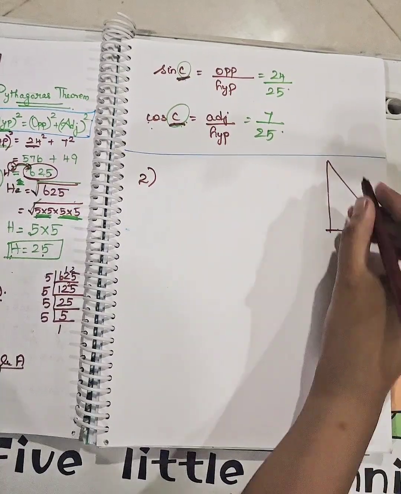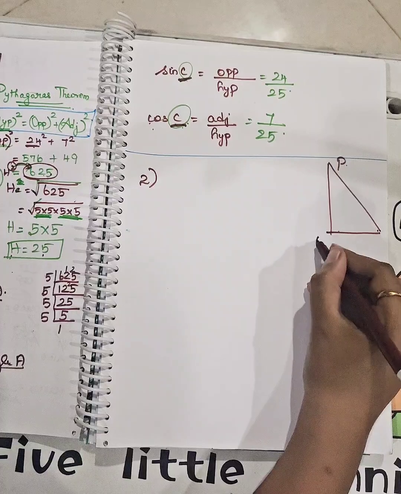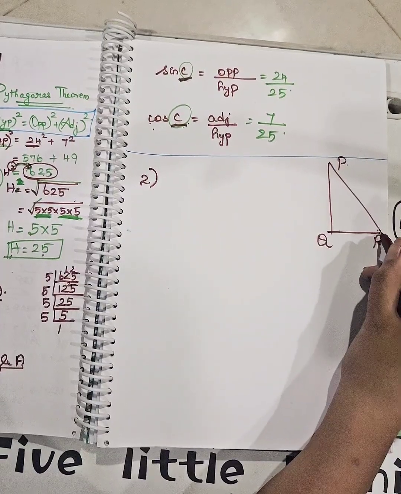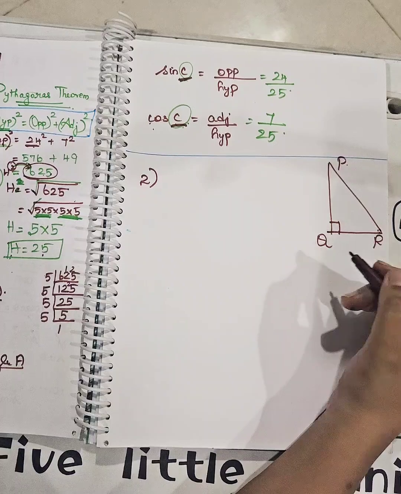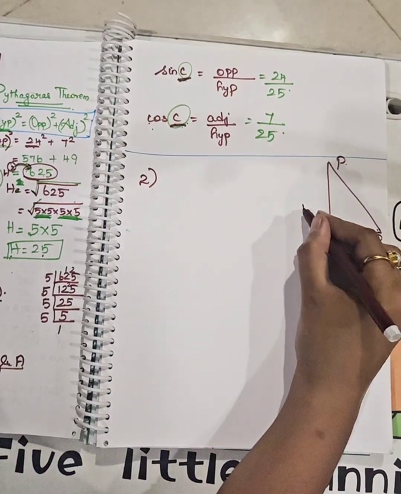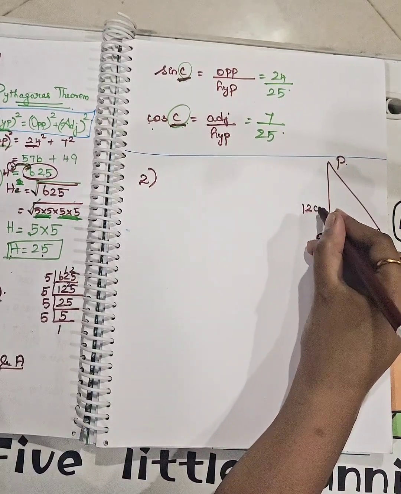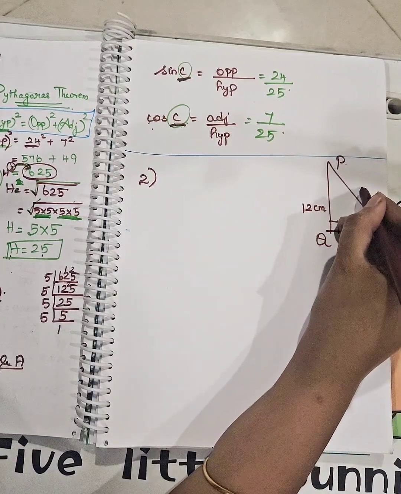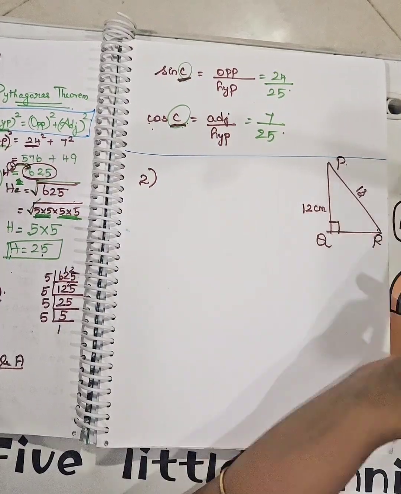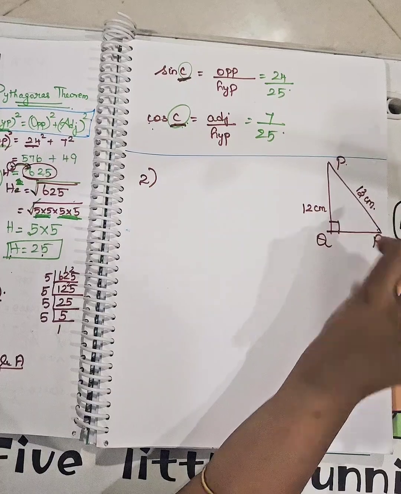They have named this triangle PQR, and this triangle is right angled at Q. Only 2 sides are given, and we should find the third side. One is PQ, which is 12 centimeter. Next one is QR, which is 13 centimeter.